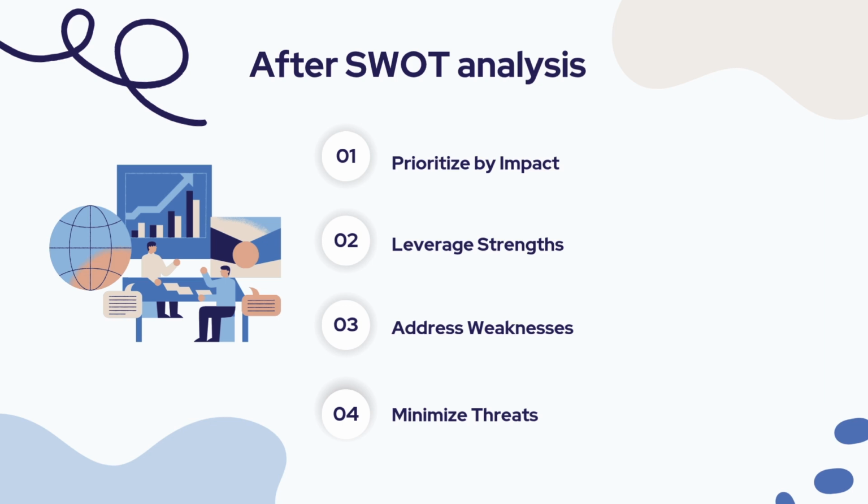So you have to develop your strategies. The third one is address your weaknesses. This is to determine how to improve upon or compensate for your weaknesses, either by investing in skill development or finding alternative approaches. And the fourth one is minimize threats.